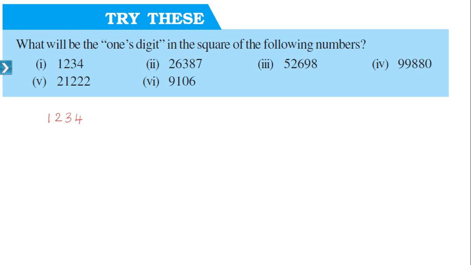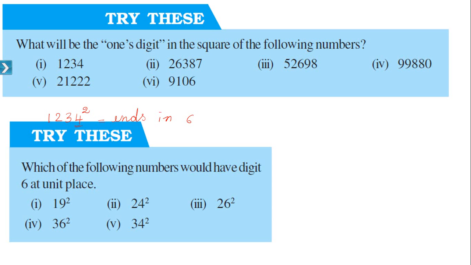Now, the square of 1234 ends in 6 because 4 square is equal to 16. 4 square ends with 6. So the square of 1234 ends in 6.